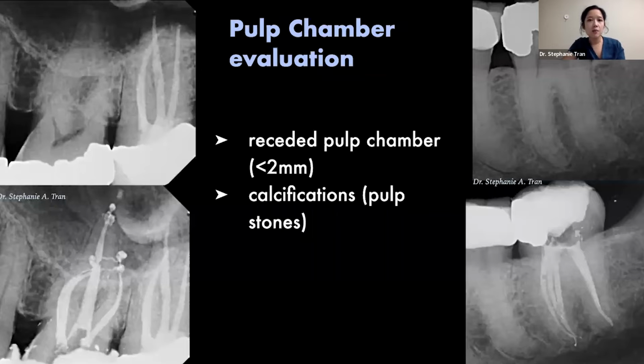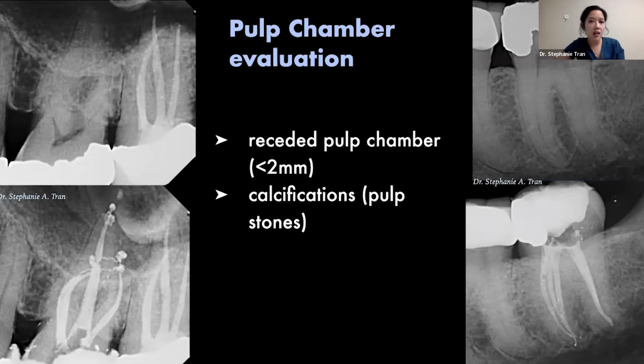That's important to keep in mind because anytime there are pulp stones, it makes it a little bit harder to access because it can be very jarring and it can be very easy to get lost. One, the pulp stone can actually be on top of the pulp tissue, so it can cover up where the tissue is, and you might be trying to look for the canals.